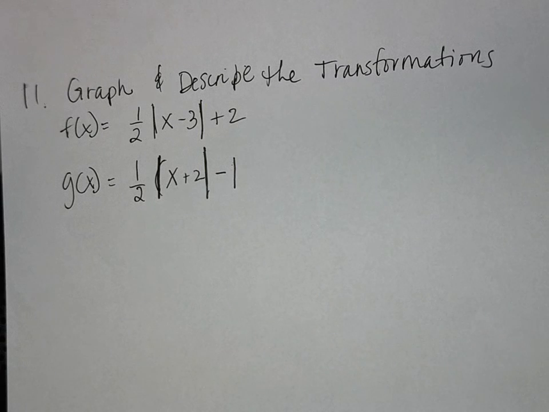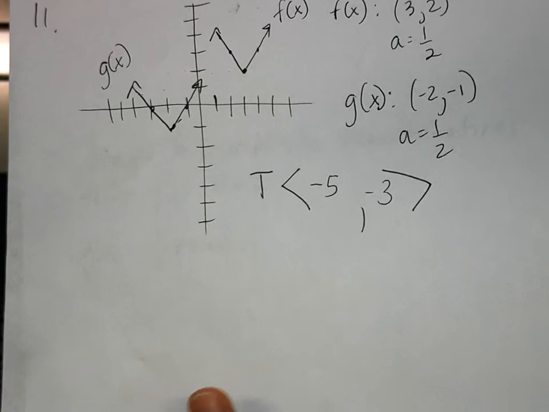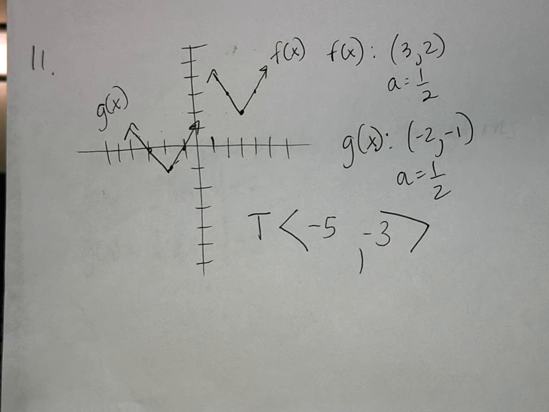Okay, I'm going to go ahead and put the transformation up here. I already have it on here, and then you can check your own work. Could you write left 5 and down 3? Yes. Either way will work for me. Do we have any questions?